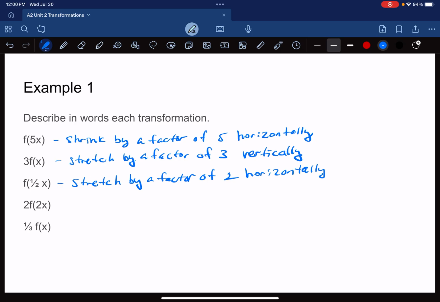Now we've got a number outside and a number inside. Let's go inside first.